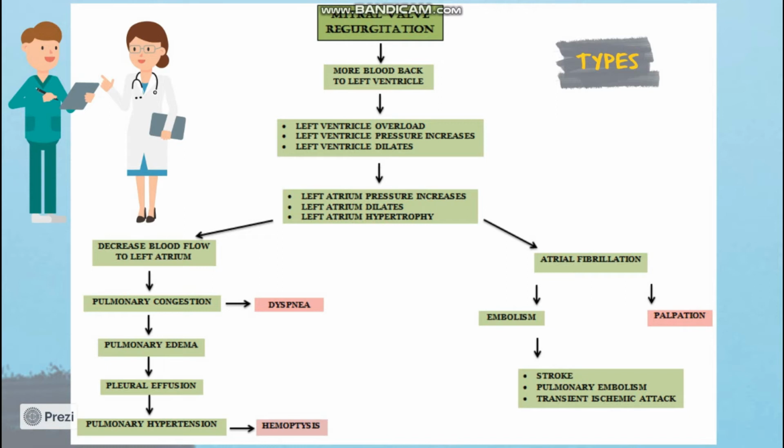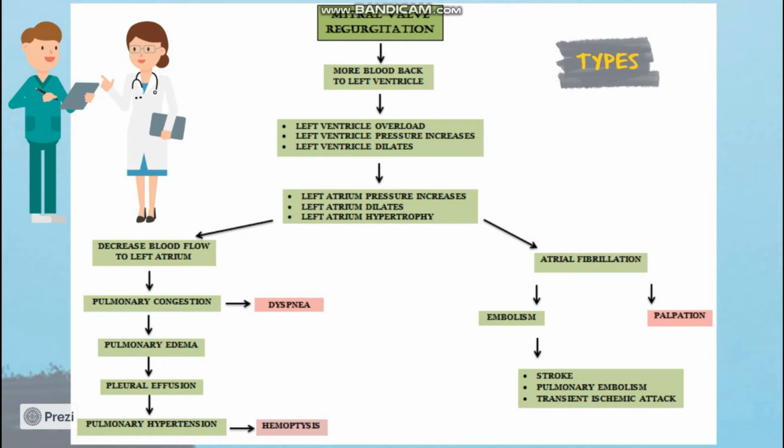In mitral valve regurgitation, more blood will leak back to the left atrium in each beat, causing left ventricle overload, increased pressure in left ventricle, and left ventricular dilatation. As a result, left atrial pressure also increases, and left atrial dilatation and hypertrophy can be seen.